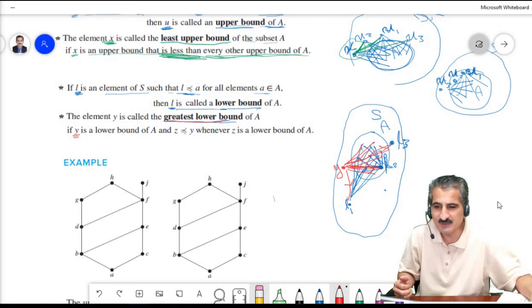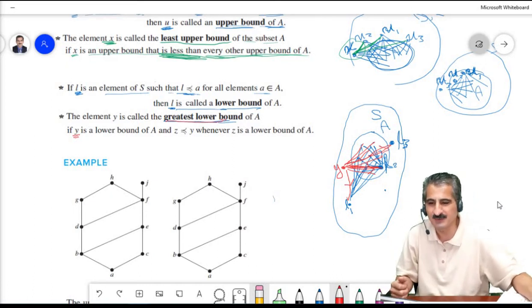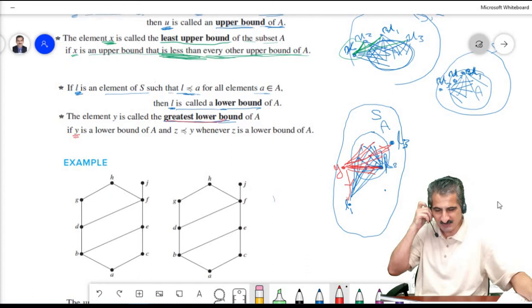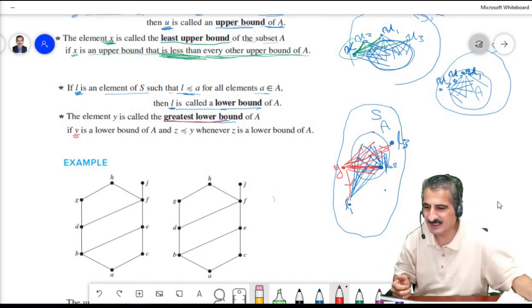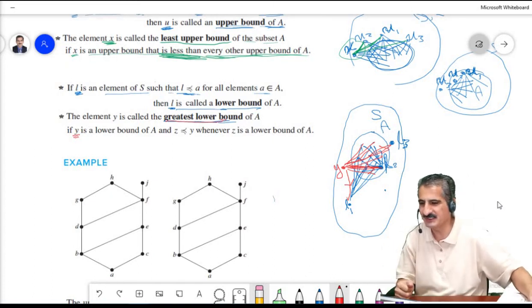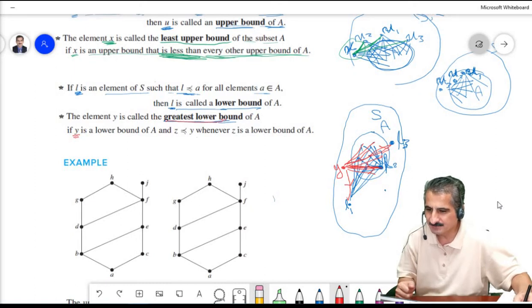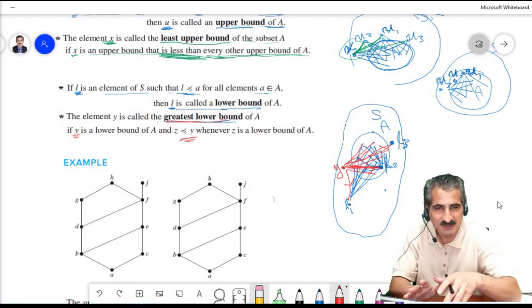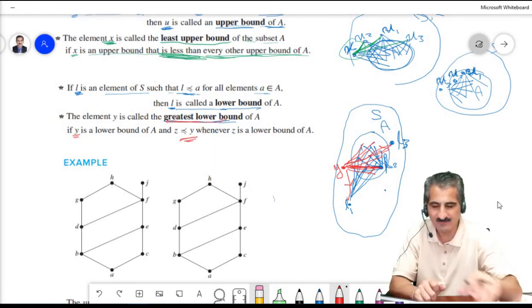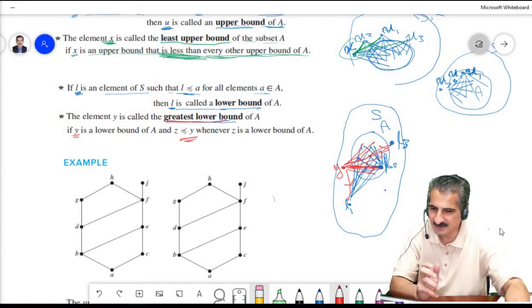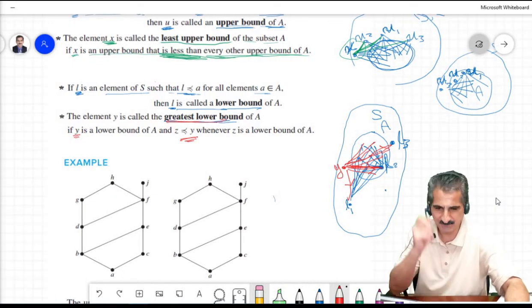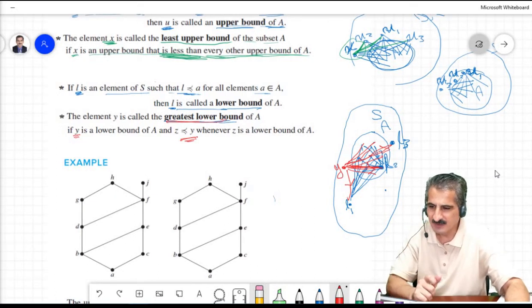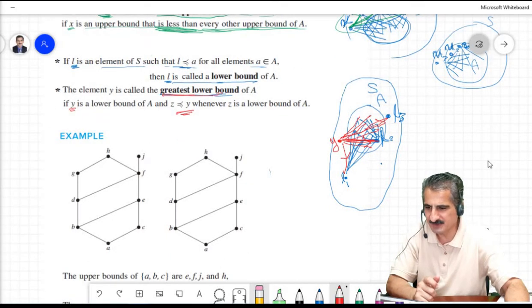So this is my way to try to make it a clear picture. This is unfortunately not a very clear picture, but we will see that Y is the greatest lower bound if it is a lower bound of A, and it is the greatest one, greater than any other lower bound. Okay, now let's apply these in the following pictures.